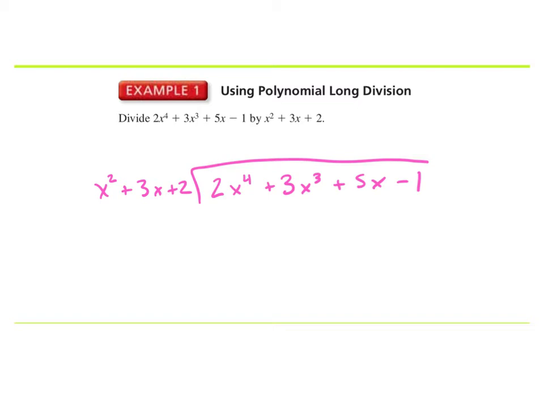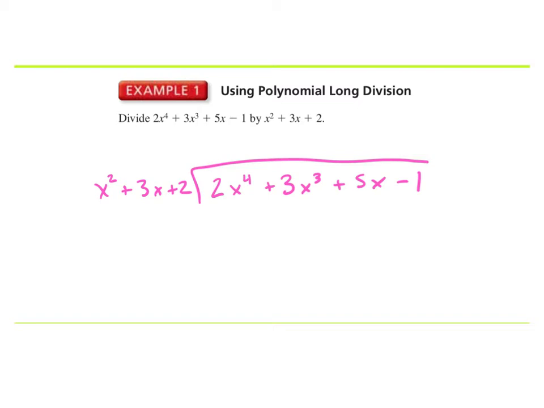Inside our box, it's super important that we have every degree of our variable represented. So are we missing any degree here inside the box? We start with x to the 4th, then x cubed. Are we missing anything? X squared.